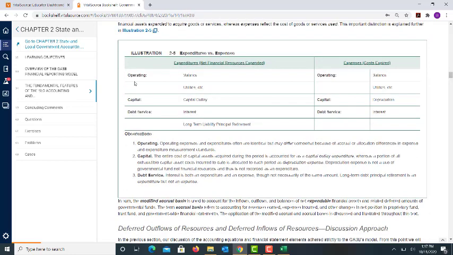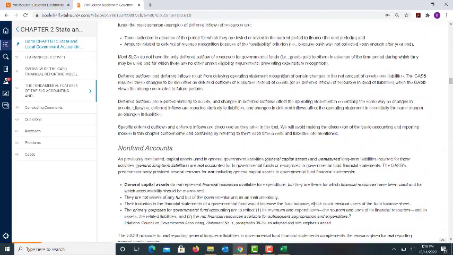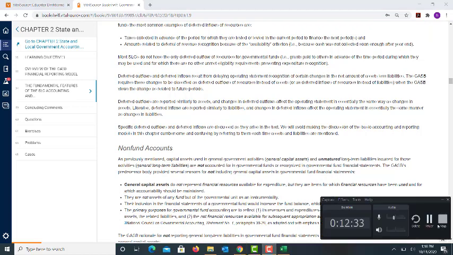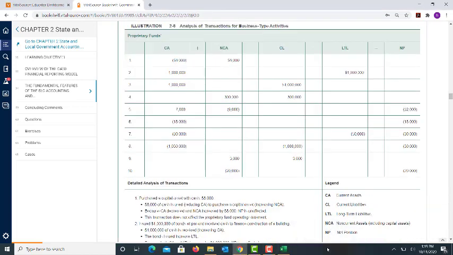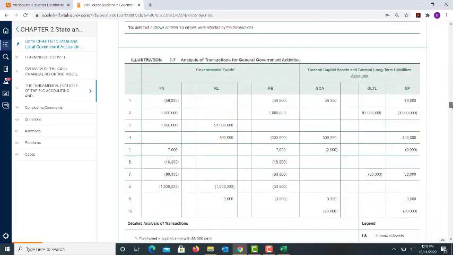And then you can see it talks more about operating capital and debt service. In addition, the chapter goes on to detail analysis of transactions like we're working on in a similar format.